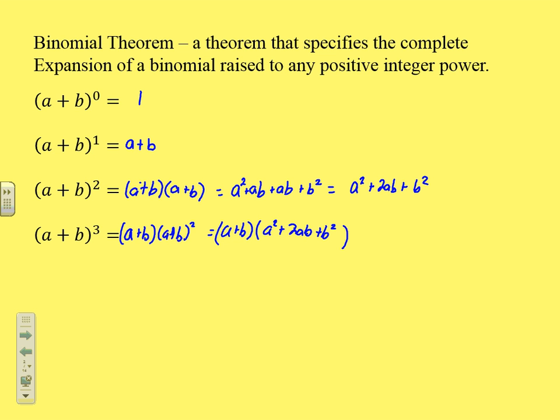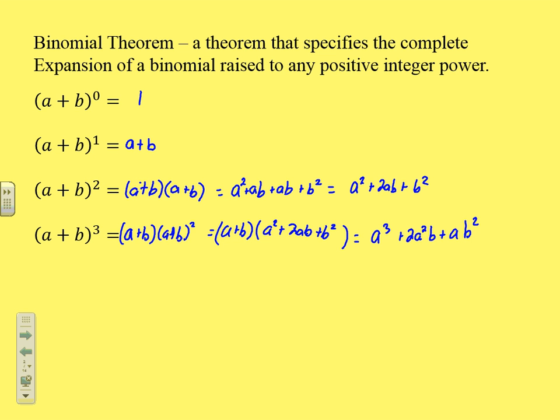You can see that the complexity is starting to go up rather quickly. Distributing the a in, I get a times a squared, a cubed. A times 2ab gives me 2a squared b, plus a times b squared gives me ab squared.